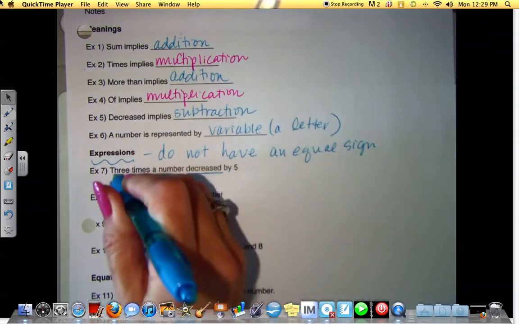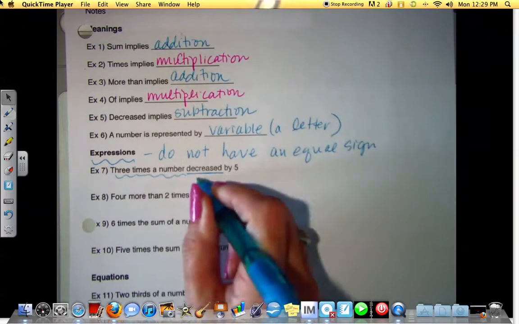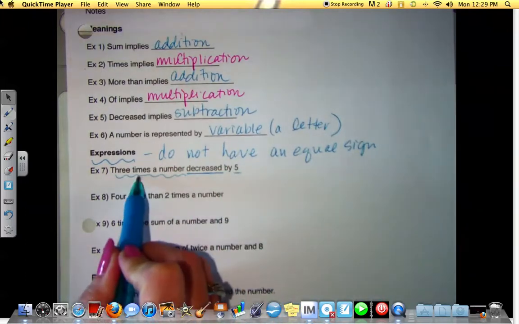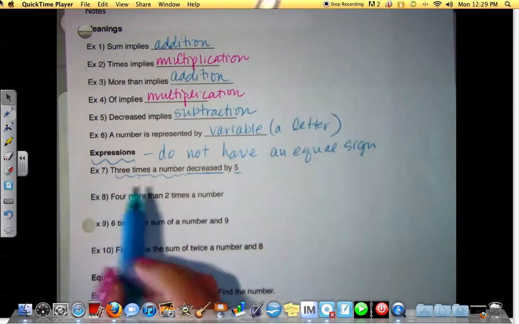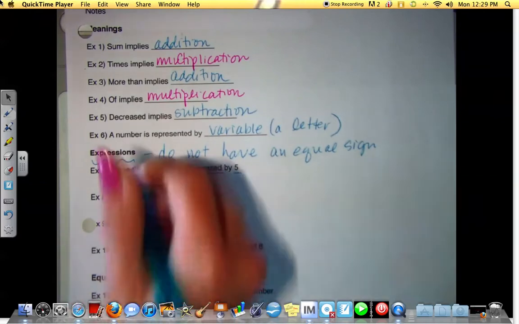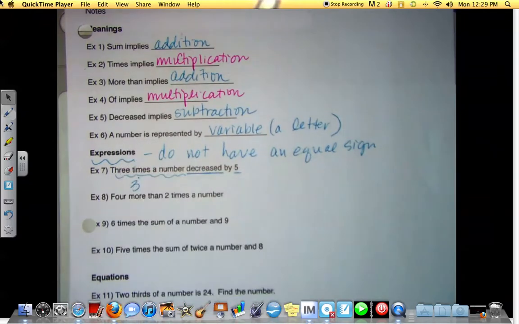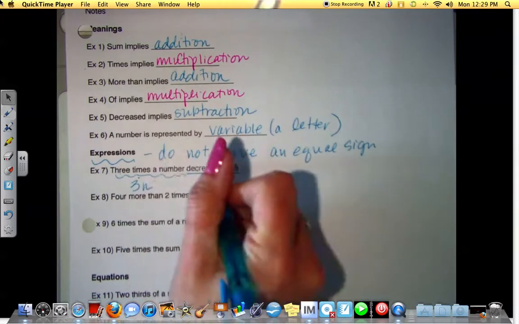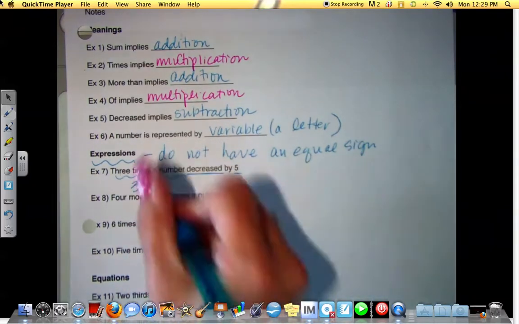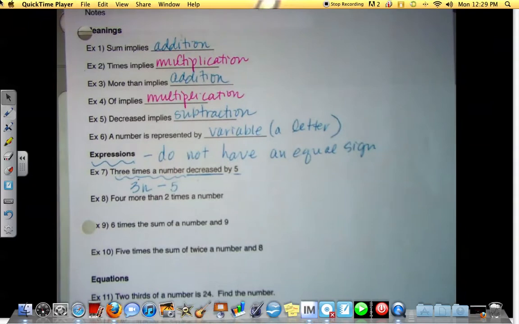Times implies multiplication, so we have 3 multiplied by some number, 3n, decreased, so we have subtraction, 5. It's done because it's not equal to anything; we're not solving for anything. We're just writing the expression.